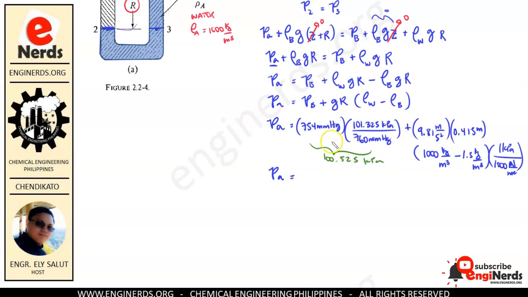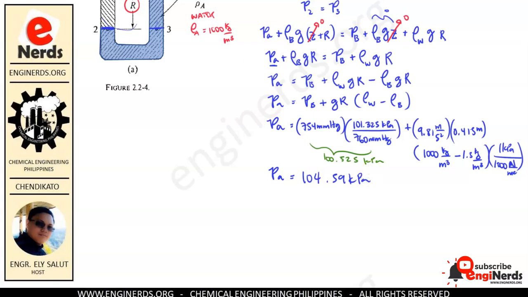So we are going to add that in here: 100.525 kilopascal plus 9.81 times 0.415 times 1,000 minus 1.3 divided by 1,000, and our answer here will be 104.59 kilopascal.